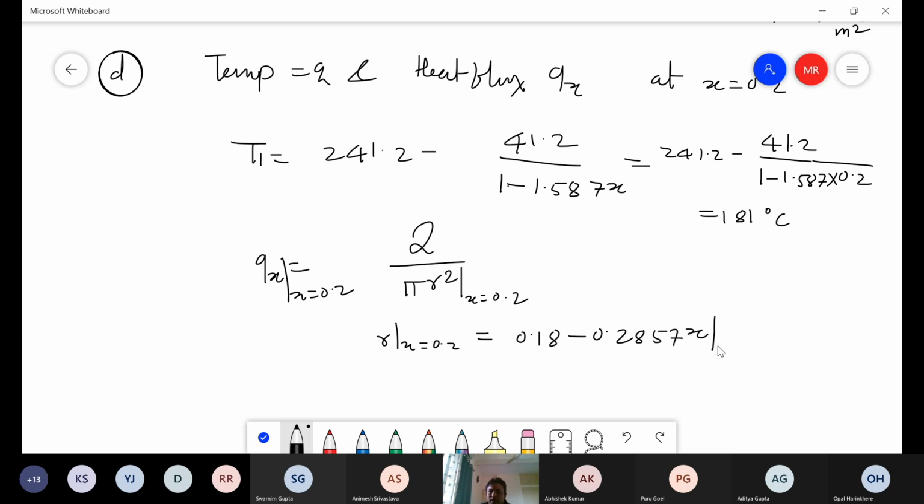Here x is 0.2, so just put 0.2 in this equation. What you get is 0.18 minus 0.2857 into 0.2, which should be 0.1228 meter. Just check whether this is correct.